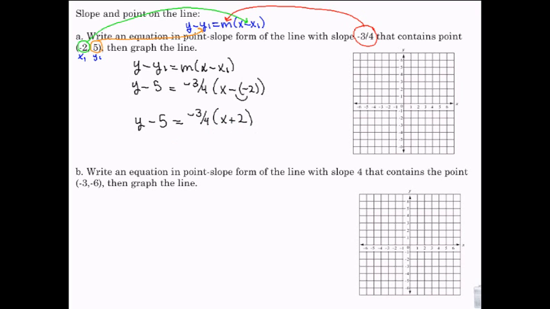Okay. When I'm in this format, the point negative 2, 5 has opposite signs of what you have here. This is my starting point.